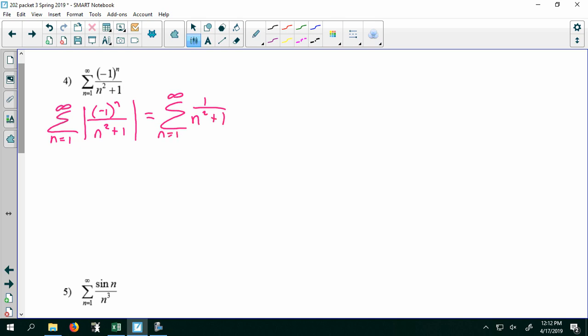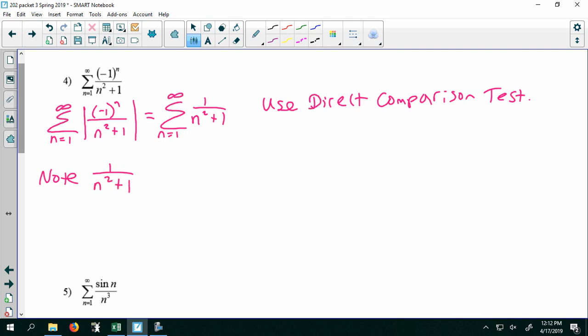And I can do a direct comparison test for this. You can also use the limit comparison test, but direct is pretty easy in this case. Okay, so I'm going to note that 1 over n squared plus 1 is always smaller than 1 over n squared, because we're making the denominator a little bit bigger, which means the value of the fraction will be smaller.